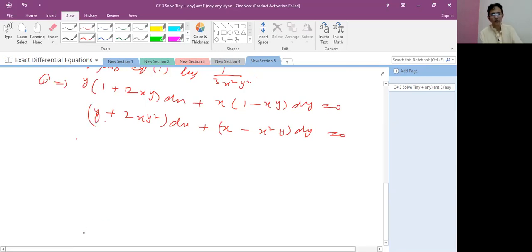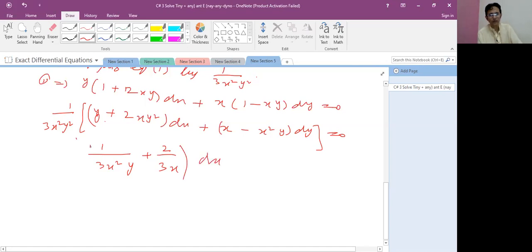So, student, when we multiply the whole term by 1 upon 3x square y square, it means 1 upon 3x square y plus 2 upon 3x, because x and y square cancel each other, into dx plus, when we apply here, x divided by x, so 1 upon 3x y square and minus x square divided by x square, it means y divided by 1 upon 3y into dy.